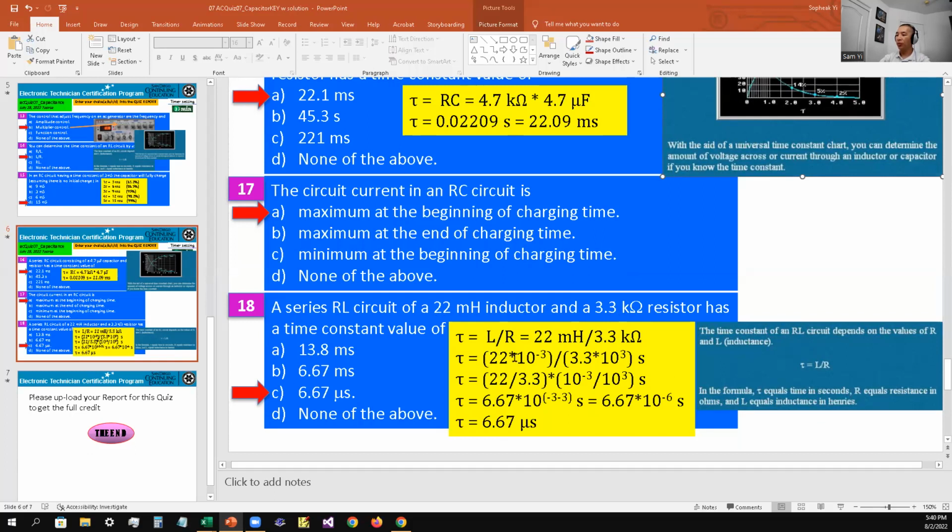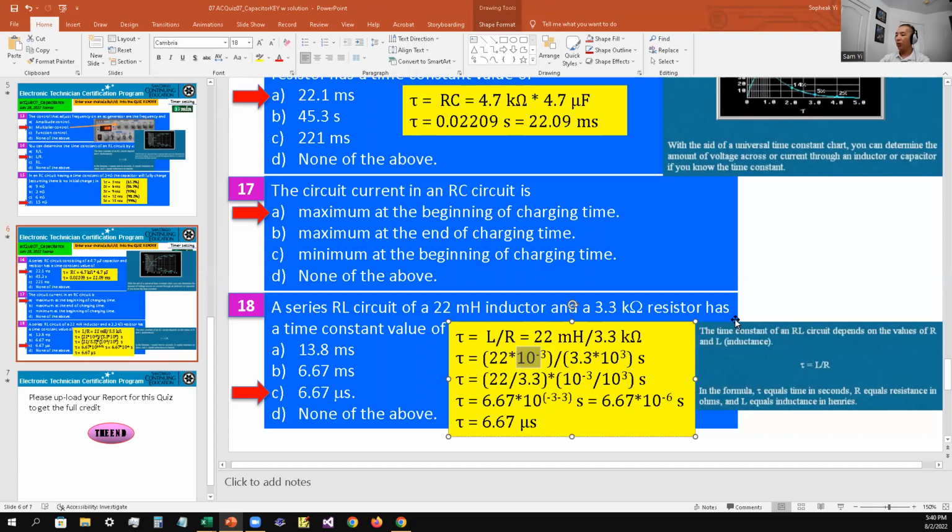Milli is 10 to the negative 3, and divided by 3.3 times 10 to the positive 3 for kilo. Okay, so now we just combine: 22 divided by 3.3, and 10 to the negative 3 divided by 10 to the positive 3.